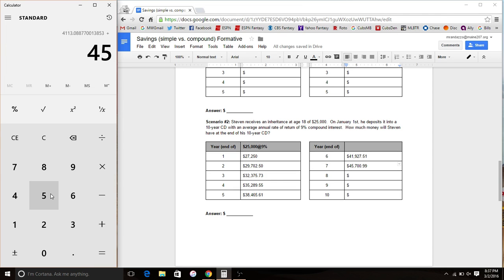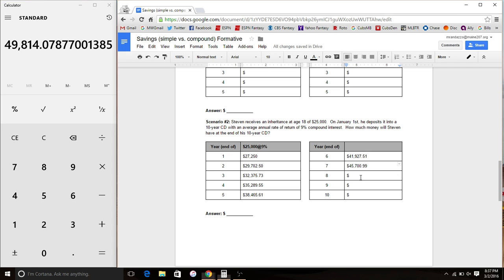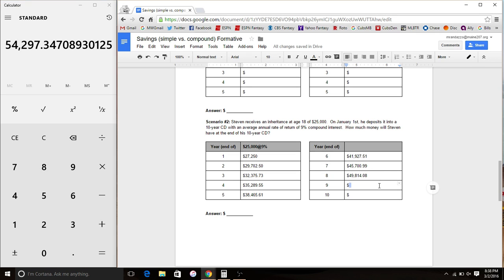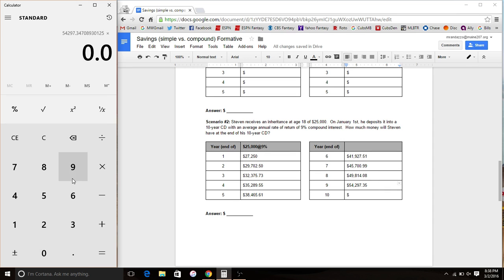Plus 45,700.99. 49,814.08. Times that by 0.09. Add the previous number. $54,297.35. And finally, times it by 0.09.